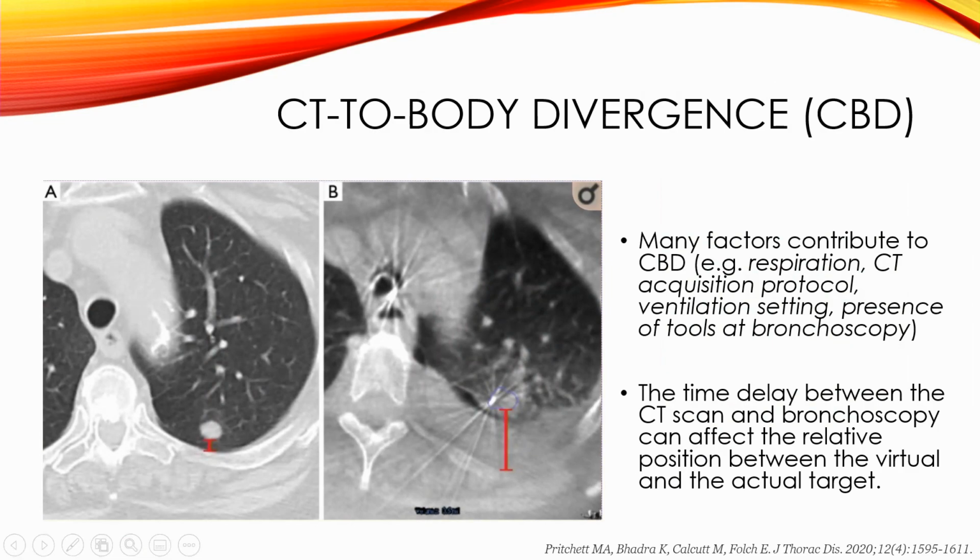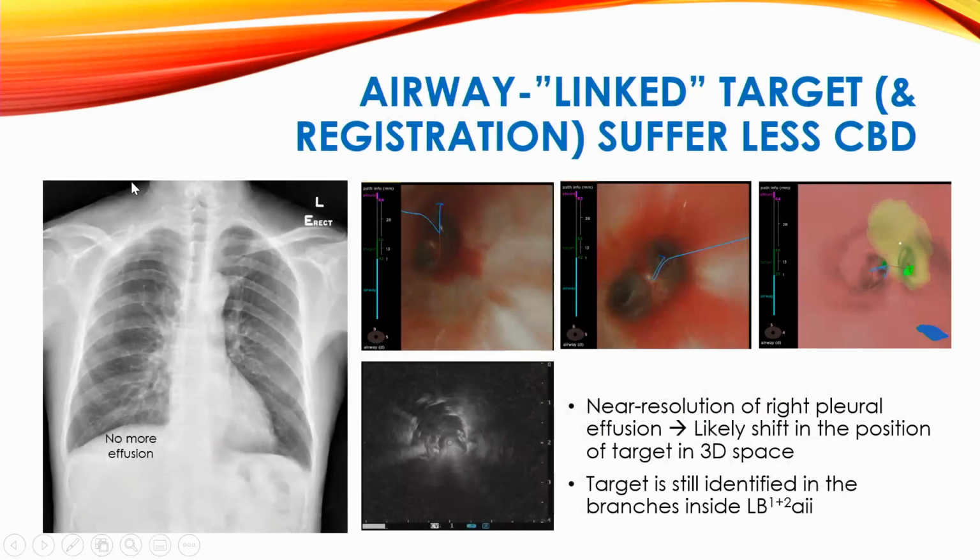And if you do this with EMN, it can cause an issue. For this particular patient, by the time they came back in to do the procedure, there's no more effusion. But because the target is an airway-linked target, LB1+2 A2, the VBN platform will still be able to guide us through matching the pathway and guide us to the lesion without any issues.